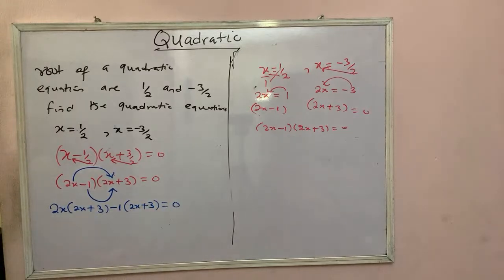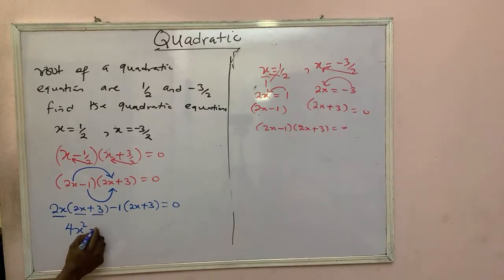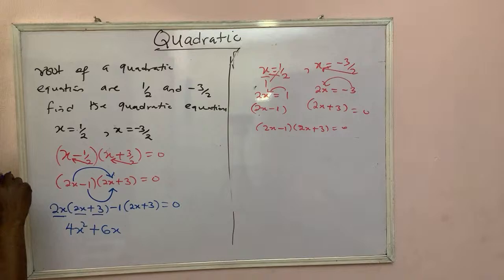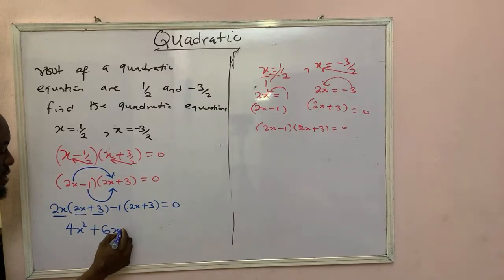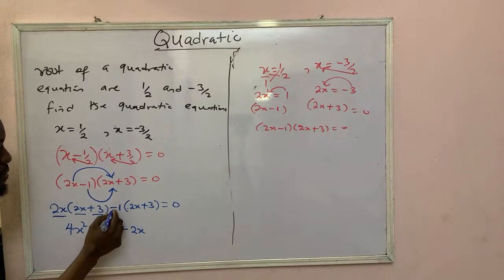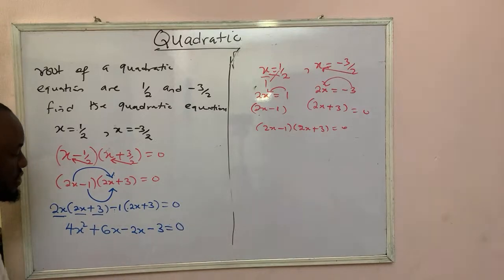Then 2x multiplied by 2x will give me 4x squared. 2x multiplied by plus 3 will give me plus 6x. Then minus 1 multiplied by plus 2x will give me minus 2x. Minus 1 multiplied by plus 3 will give me minus 3 equals 0.